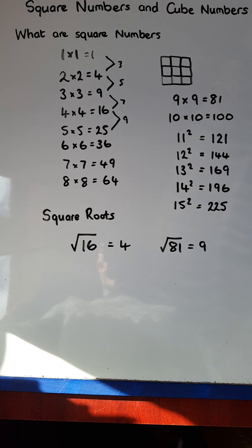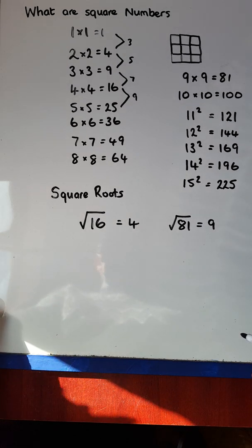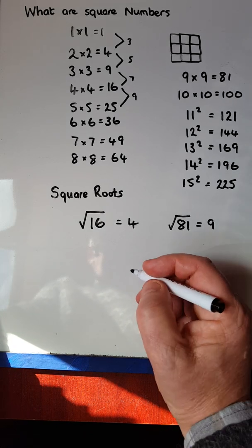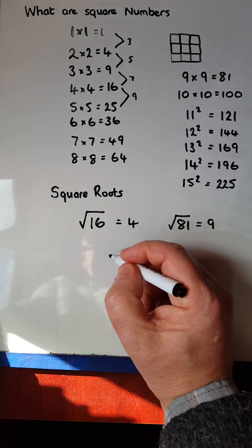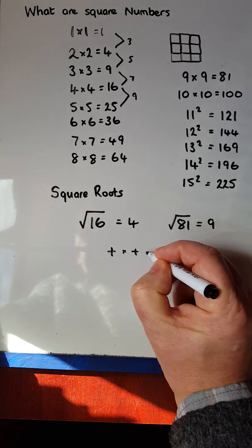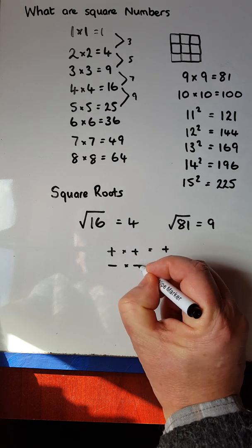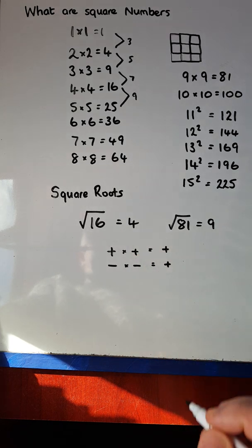Now, just to confuse it ever so slightly, every number can have 2 square roots. Because I hope you know that a plus times a plus gives you a plus number, and a minus times a minus gives you a plus.